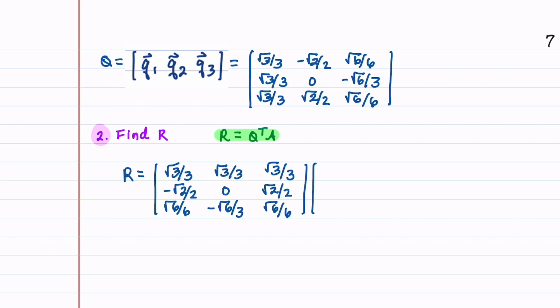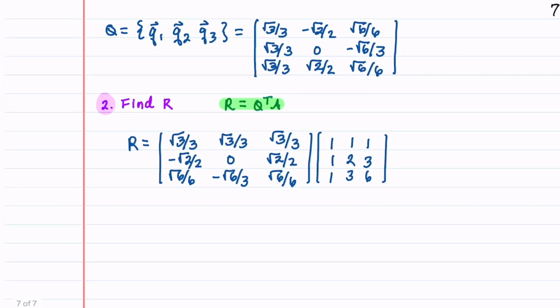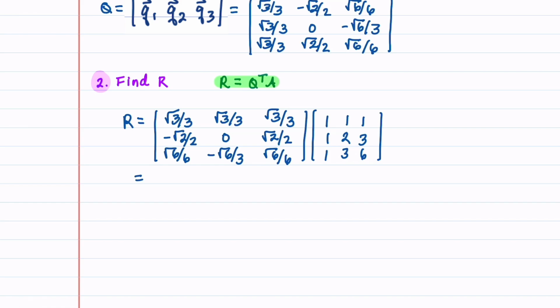We're then going to multiply this by matrix A. That's the matrix that we were given. And it looks like that. Because this multiplication is a little tricky, I'm going to put down an intermediate step.